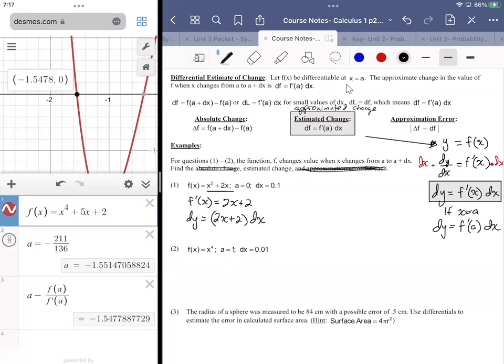So if I determine this at x equals 0, so the a value is equal to 0, I would get dy is equal to 2 times 0 plus 2. They also told us that dx is equal to 0.1, so I'd multiply that by 0.1. And what that'd give me is 2 times 0.1, which is 0.2.